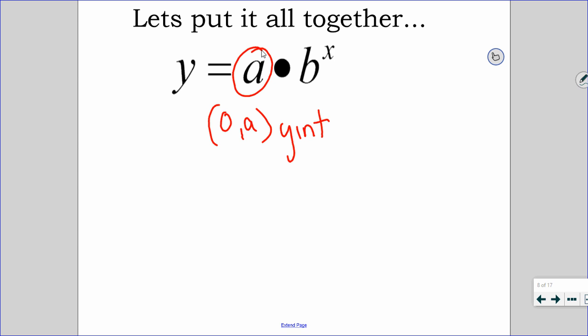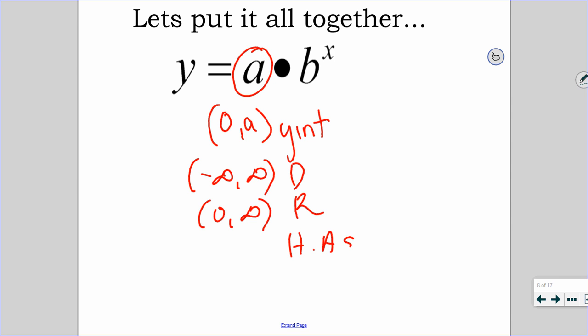That's an always. Your domain will be -infinity to infinity. Your range will be 0 to infinity. Your horizontal asymptote will be y = 0.